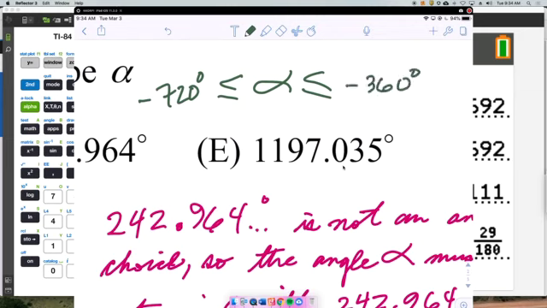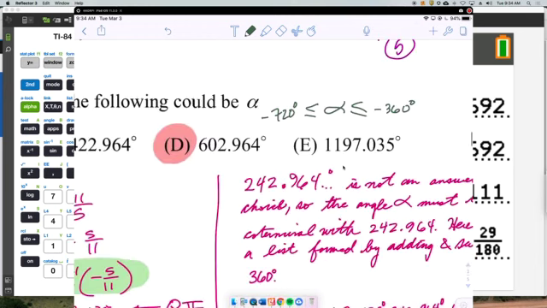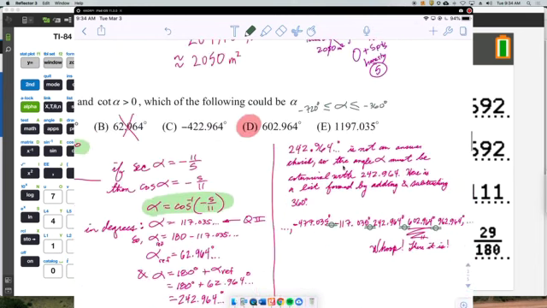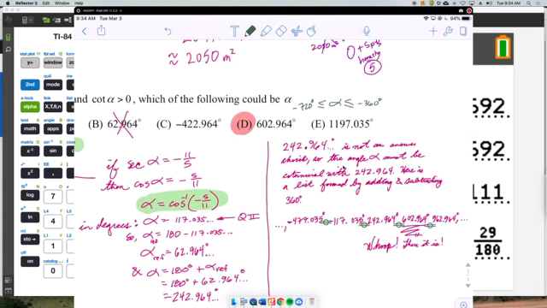That would tell you where I want the angle to live, right? So once you find your positive angle, if we wanted it to live in there, what would we do? Subtract 360 until we get one that lives between those two, okay? So that was a good question. Because it's short answer, I can't really ask which of the following could it be, because now you're like, there's no answer choices, sir. So I have to rewrite it as a short answer problem.